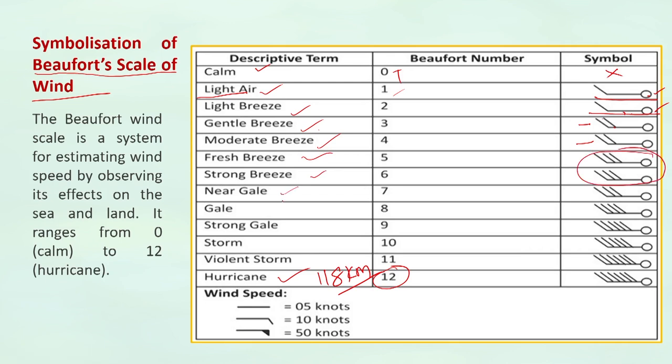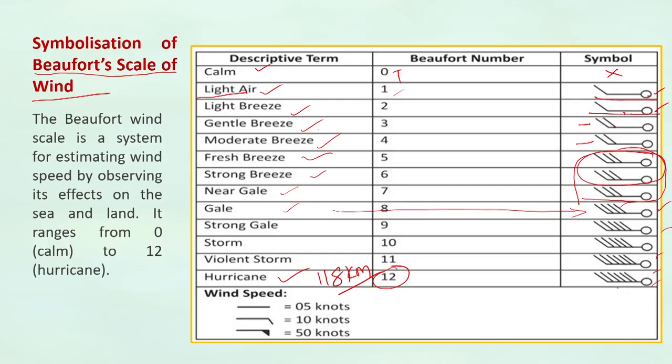Next, near gale and gale. Near gale has a similar symbol resembling strong breeze and fresh breeze, but the gale has a different symbol, with one additional line. Similarly, we have different symbols, you need to go through that.